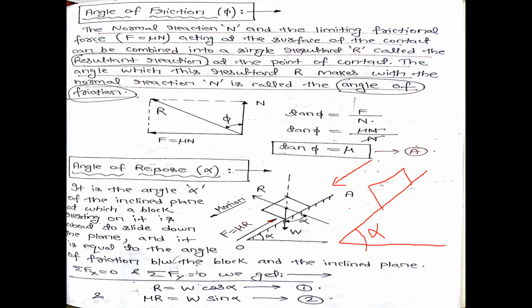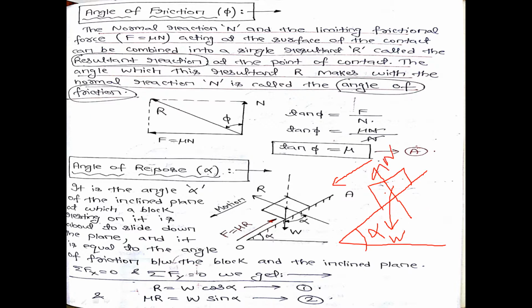Fine. Now let us draw the free body diagram of this body. Weight of the body will act vertically downward from the center of gravity. This body is kept on this inclined plane, so the inclined plane will give a normal reaction to this body in this direction. This is that normal reaction N.